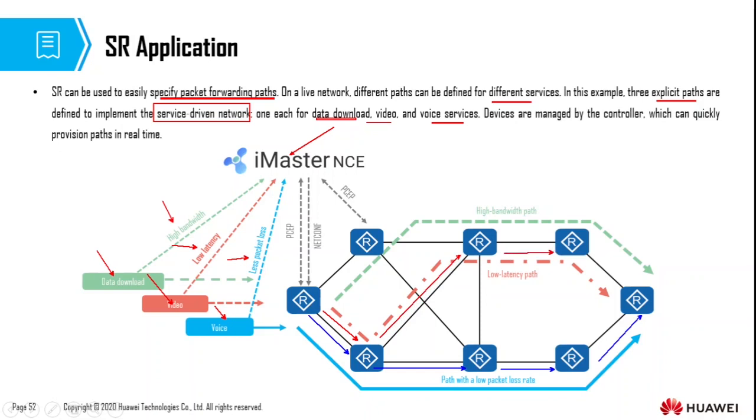So that is the cool thing about using the controller and about using SR. This is part of what we call traffic policing and traffic engineering. And you can see, for example, for high bandwidth, we want to forward via this path for services that require higher bandwidth.